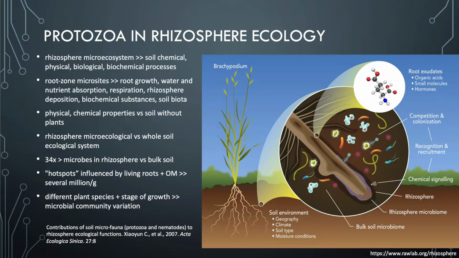So these differ to other soil parts, and specifically the root zone microsites create this ecosystem through root growth, through water and nutrient absorption, respiration, so the breathing mechanism of the organisms as well as the roots, rhizosphere deposition, so all the chemicals that the plant deposits, as well as the cells that it sloughs off and the dead root debris that is deposited.